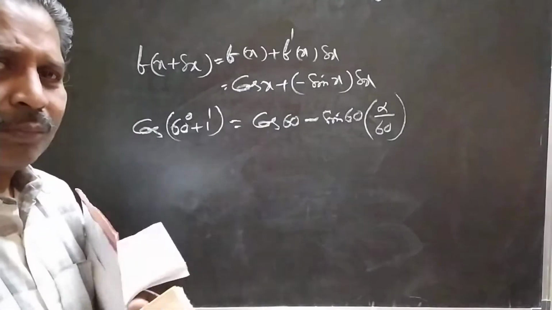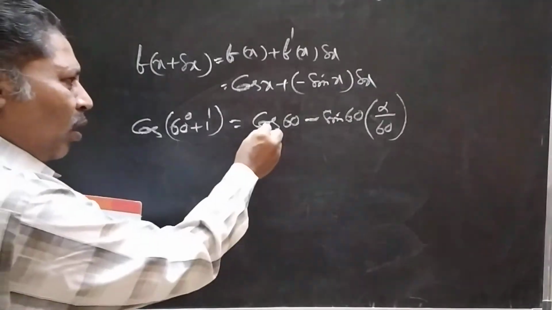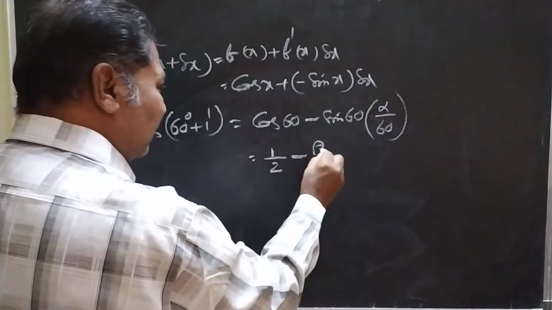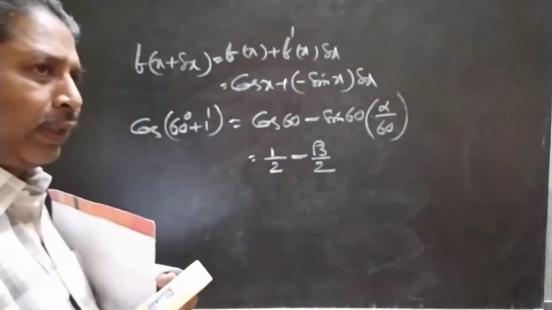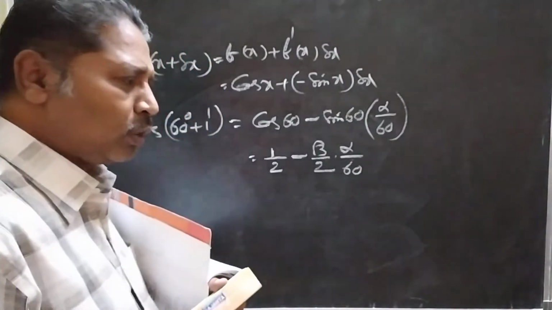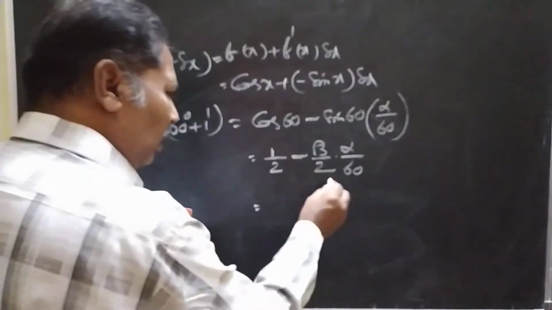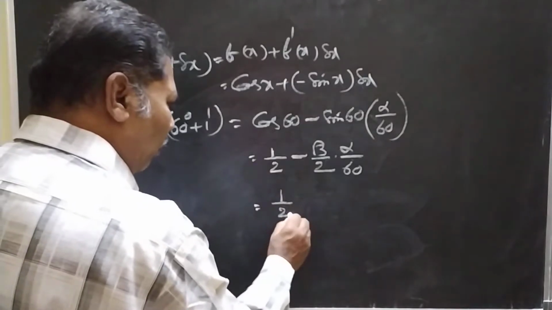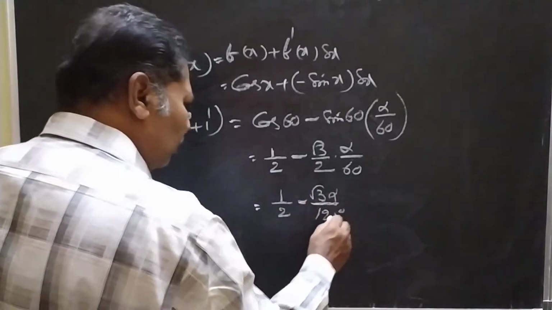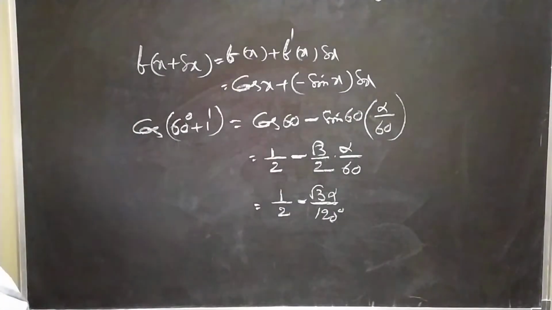We know that cos 60 value is 1 by 2, sin 60 value is root 3 by 2 into alpha by 60. So finally 1 by 2 minus root 3 alpha by 120 degrees.